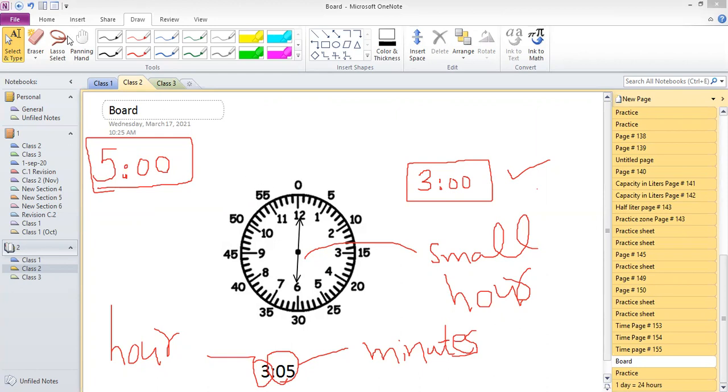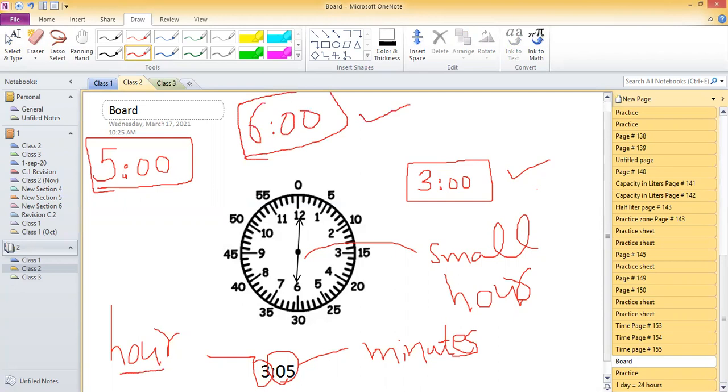So you will write it is 6 o'clock. Or you can write like this. The first number tells you the hours and the next two numbers tell you the minutes after the colon sign. So this is 6. How many minutes have passed? 0 0. So you will write 6:00. That means it is 6 o'clock.